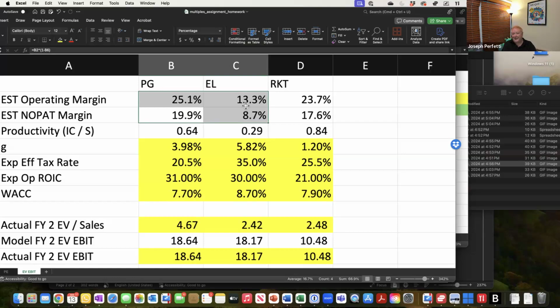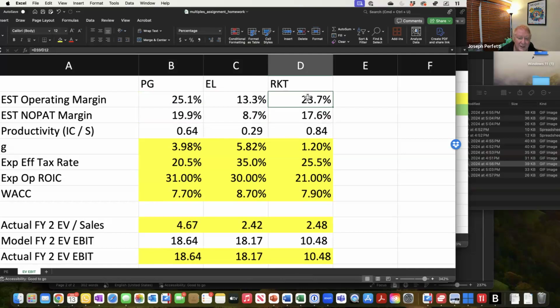Why is RKT, which has such a high margin, 23.7%, seeing their EV to sales substantially lower than Procter & Gamble and almost as low as Estee Lauder? Two reasons, but the big one here is they do have slightly lower margins than P&G, 23.7 and 17.6, but they spend more on capital and they're not growing those margins at all.